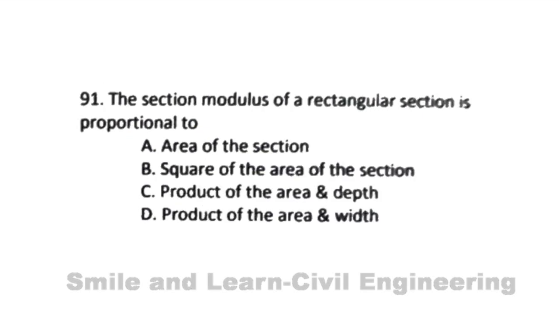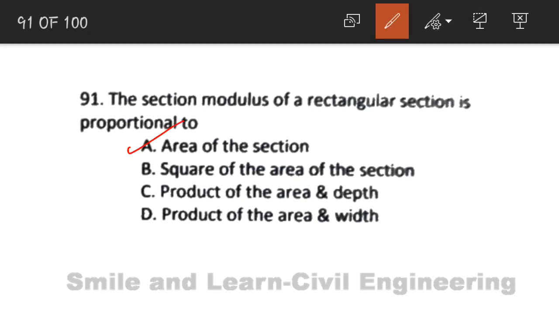Next question, the section modulus of a rectangular section is proportional to. So in case of a rectangular section, correct answer will be option A. Now some of you will say that it is product of area and depth. Some of you will say it is product of area and width. Now let's clear this up, okay. So this depends, this area depth or area width, these two are correct.